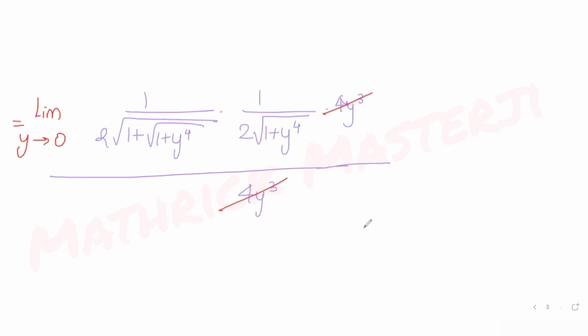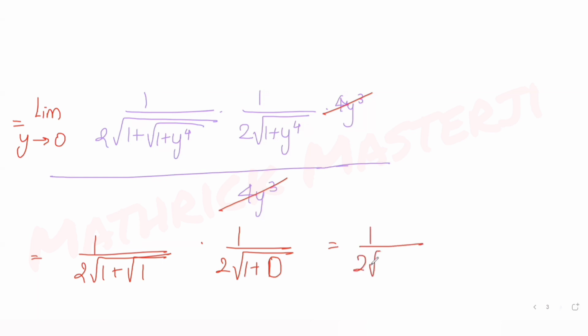Now if I put the value of y as 0 here, let's see what I get. 1 upon 2 root of (1 plus root of (1 plus 0)), into 1 upon 2 root of (1 plus 0), where 0 raised to 4 is 0. So you get 1 upon 2 root of (1 plus 1), and 1 plus 1 is 2.